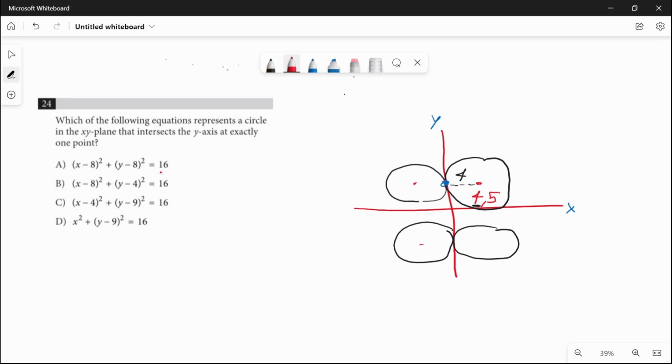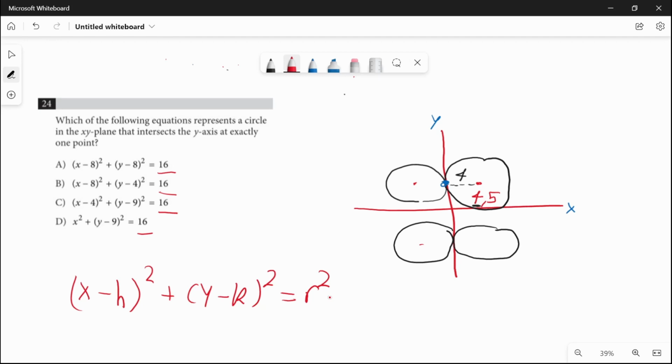We know that the equation of the circle is x minus h to the power of 2 plus y minus k to the power of 2 is equal to r power 2, where r is equal to the radius. So 16 is equal to r power 2. Solving for r, we have a value of r that's equal to 4.